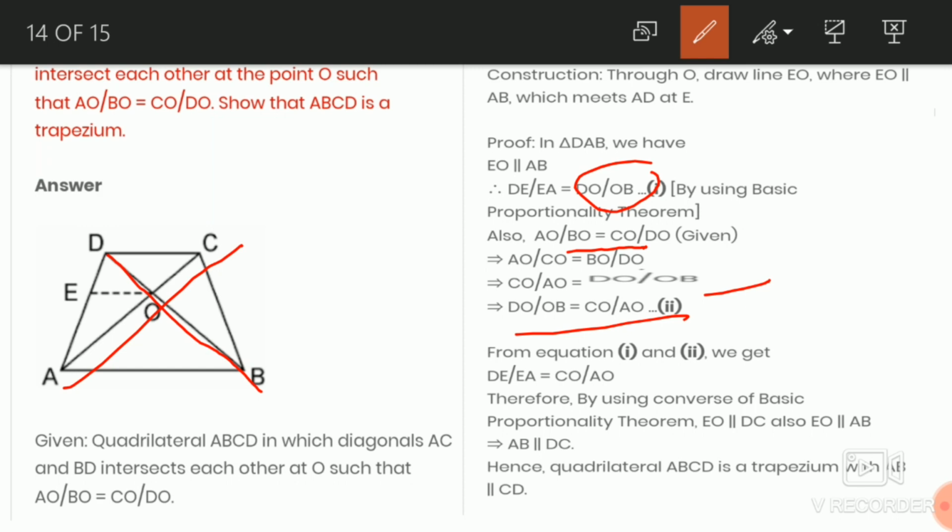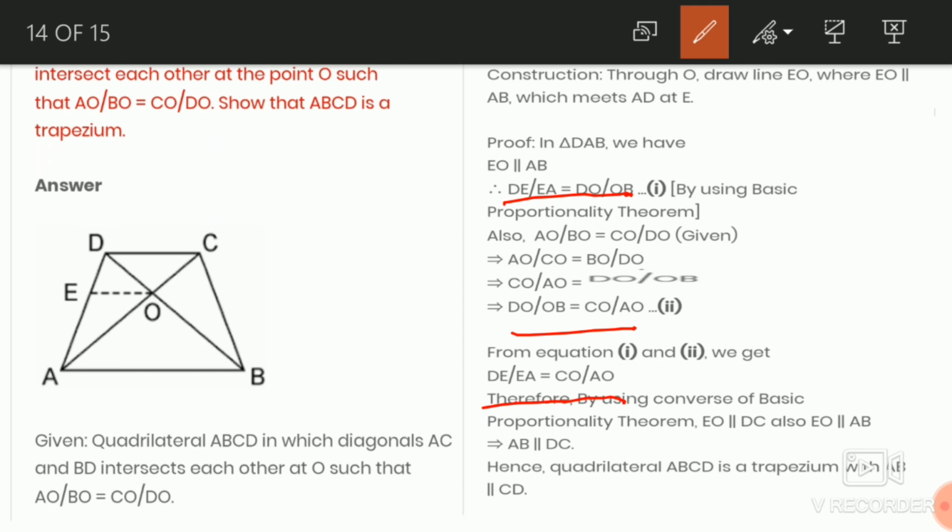In equation 1, we already have DO by BO. By equation 1 and 2, what we can see right over here is, by 1, DE by EA equals DO by OB. And by equation 2, DO by OB equals CO by AO. So, we can write DE by EA equals CO by AO.